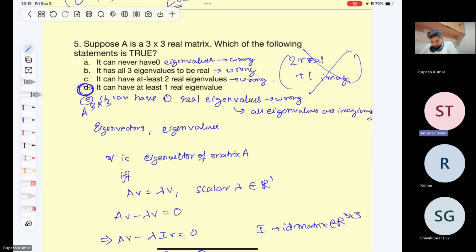At least two means the cases will be two or three. Because you are thinking of two real, you are going in the wrong direction. That's why the option will be wrong.